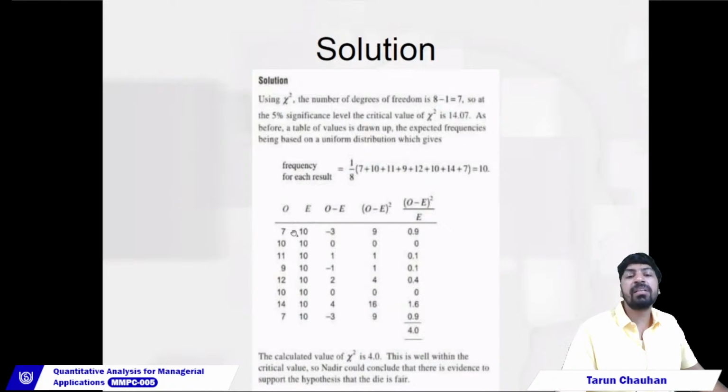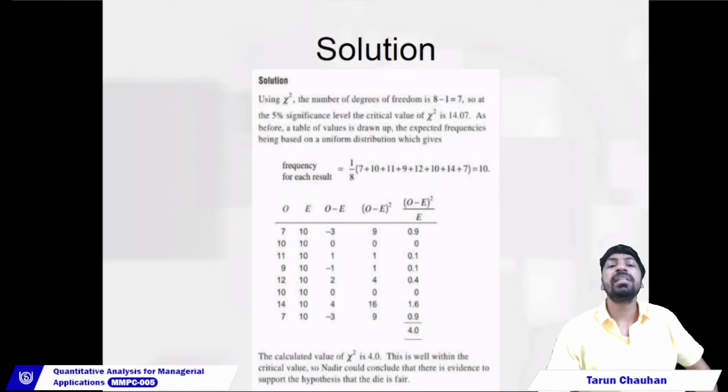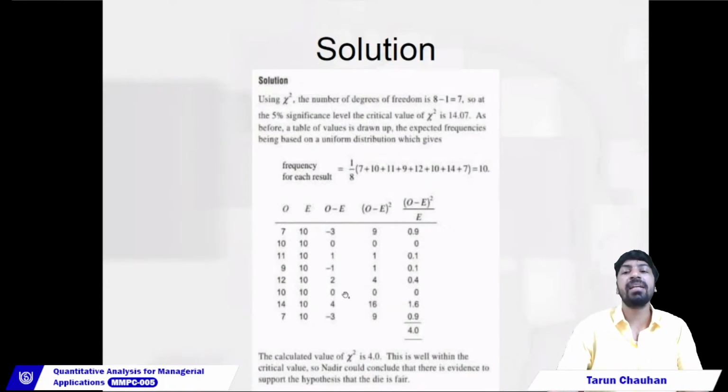To calculate the expected frequency, add the observed frequencies and divide by the number of items: 1, 2, 3, 4, 5, 6, 7, 8, so 8 is the number of items. You will get the expected frequency, that is 10. You apply this expected frequency, 10 each, under all the observed frequencies.